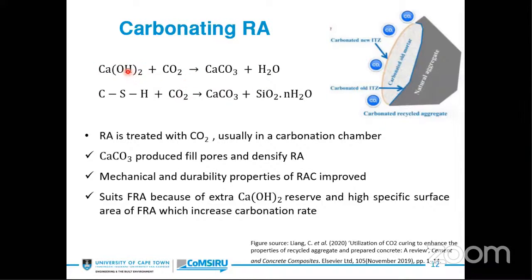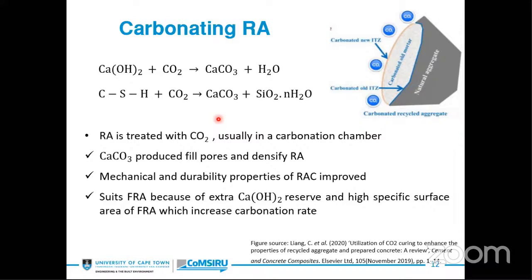Calcium hydroxide and calcium silicate hydrate from the hydrated cement paste of recycled aggregate, of course from the attached mortar, react simultaneously with carbon dioxide to produce calcium carbonate, as you can see from the reactions here. The calcium carbonate produced fills the pores and densifies recycled aggregate. Subsequently, recycled aggregate water absorption is reduced. The mechanical and durability properties of the concrete produced are improved.